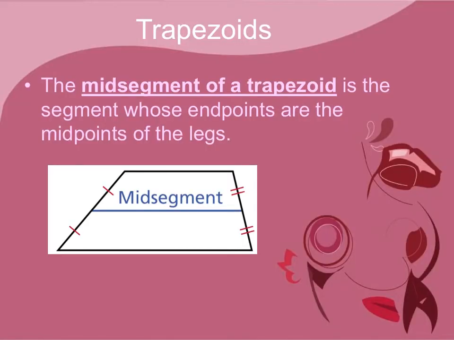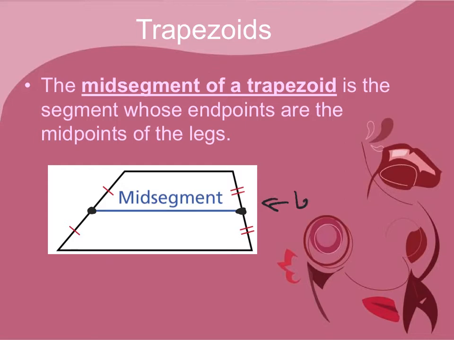Next, we're going to talk about the midsegment of a trapezoid. We already covered when we were talking about triangles before Christmas break about a midsegment of a triangle. Now we can talk about a midsegment of a trapezoid. And it's the segment whose endpoints are the midpoints of the legs. So notice here, it's hitting the two legs.